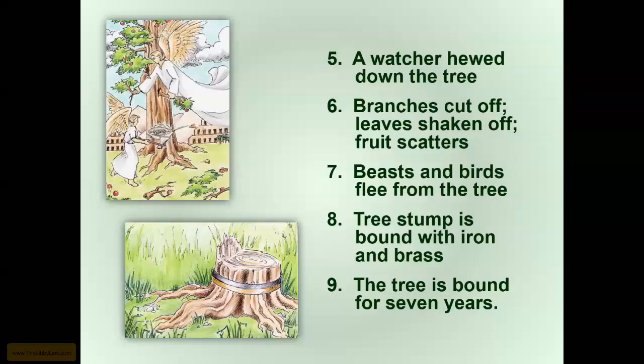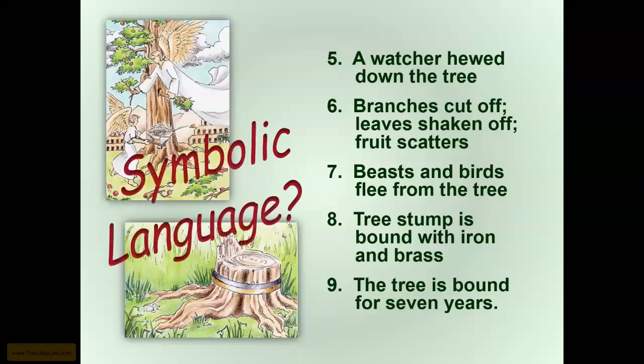Eight, after that, all that was left was a stump, which was bound with iron and brass. Nine, for a total of 7 years. Does any of this sound like symbolic language to you?